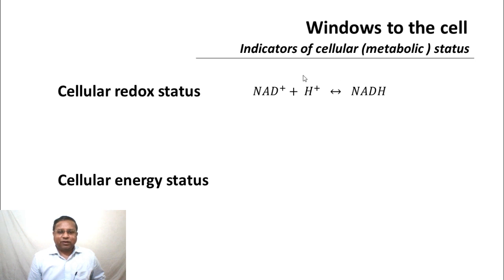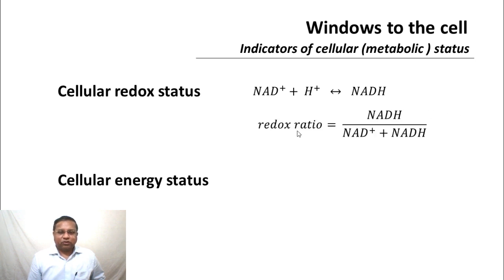This conversion takes place in various metabolic reactions, NAD plus H plus giving you NADH. So, this has the reducing power which is taken forward for so many different important functions in the cell.